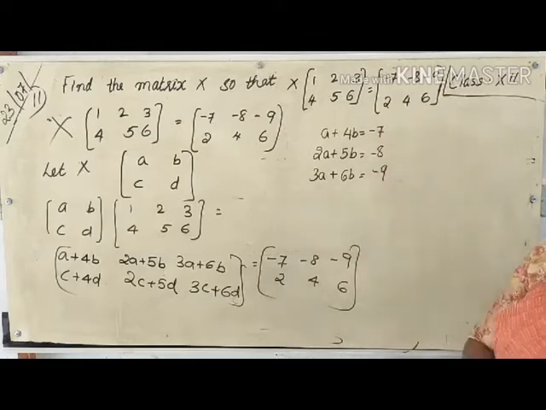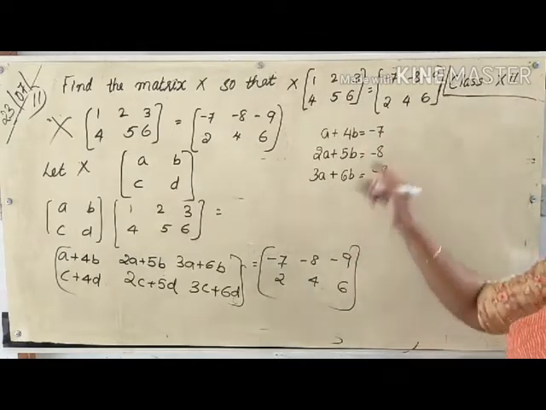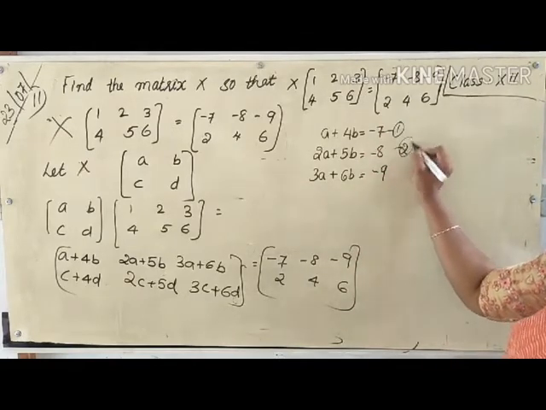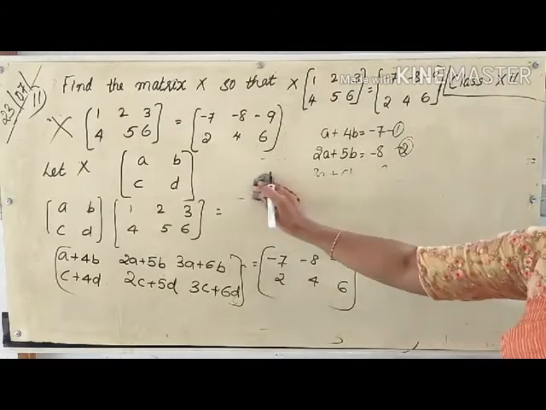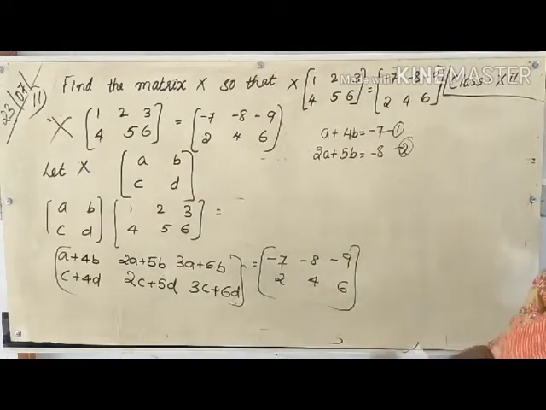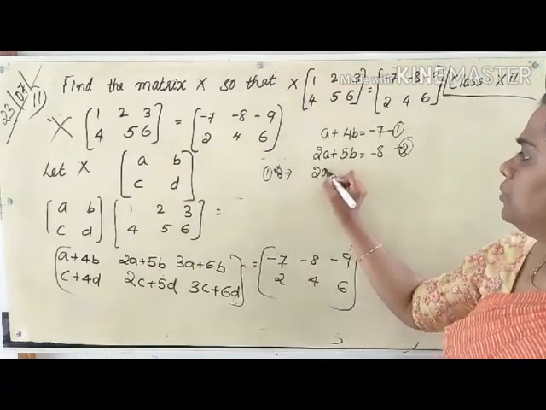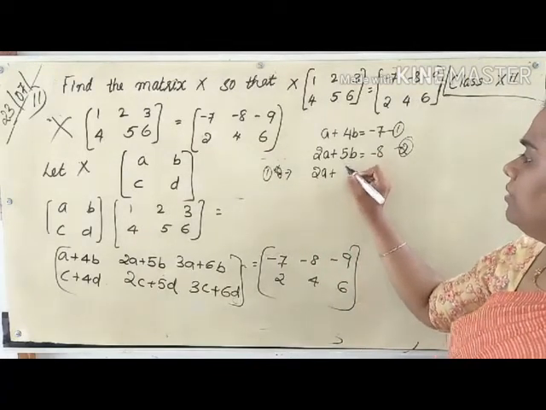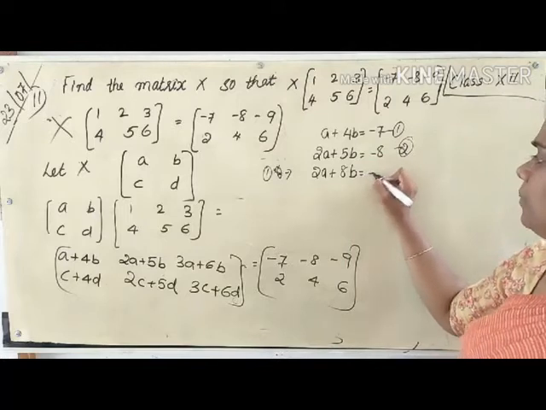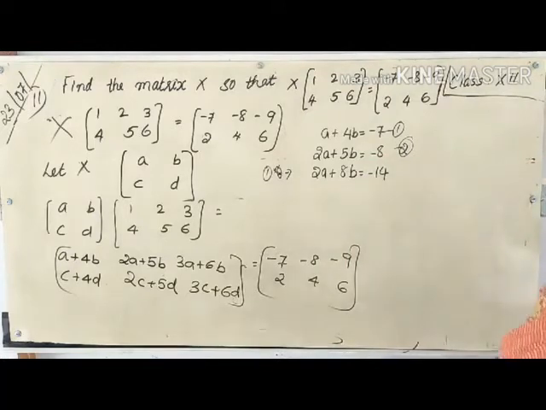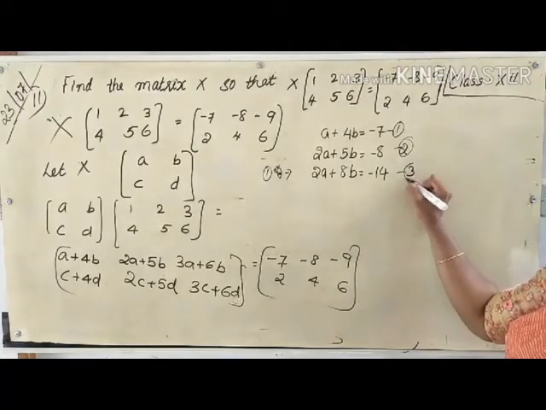From this we can find A and B. Let us consider first and second equation. Equation number 1 multiplied by 2, what we get? 2A plus 8B is equal to minus 14. That is equation number 3.